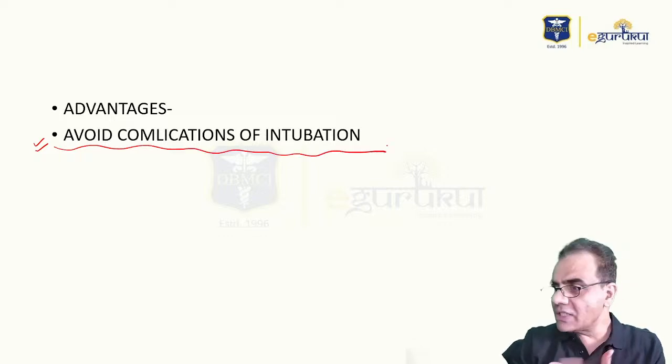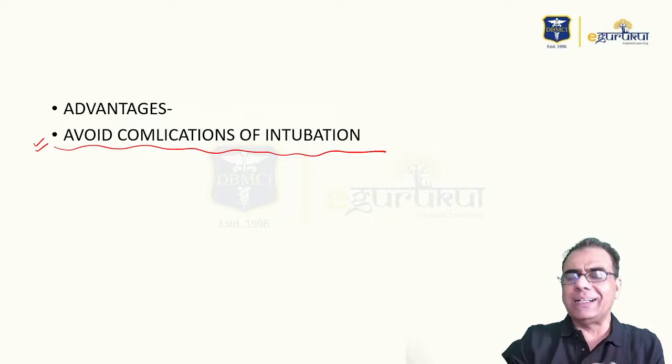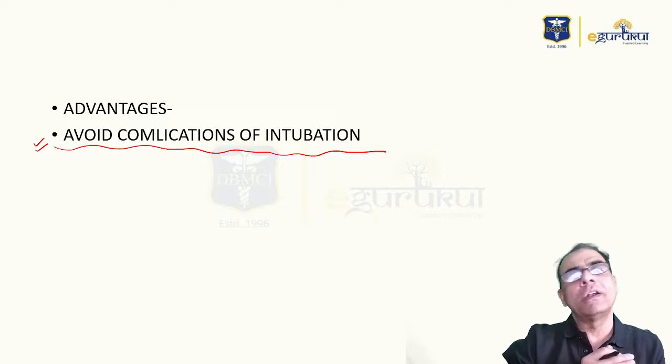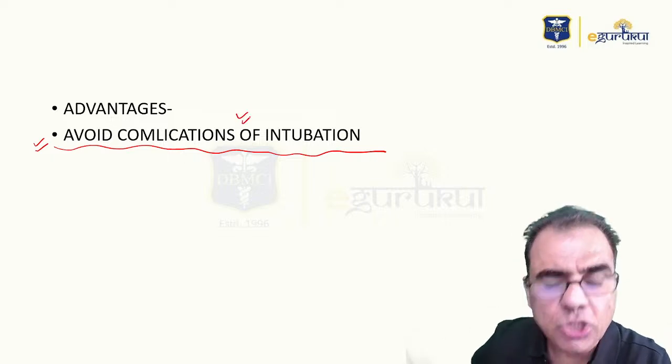Over the years we have used it so much that we are so confident in it that we are using it for elective ventilation as an alternative to the endotracheal tube, because you know that endotracheal intubation has a plethora of complications, so LMA can avoid the complications of intubation.